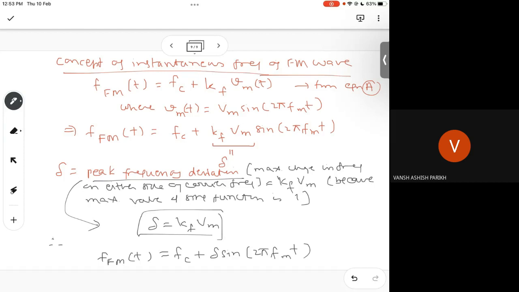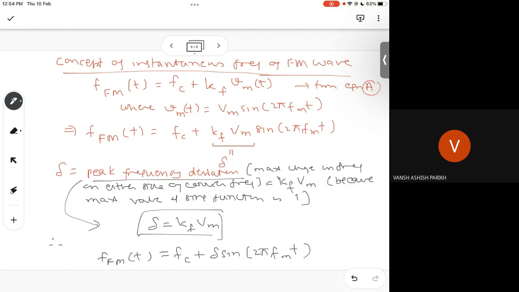So that is in terms of the peak frequency deviation. I could express my FM signal in terms of the modulation index, in terms of the deviation constant Kf, and also in terms of this peak frequency deviation.